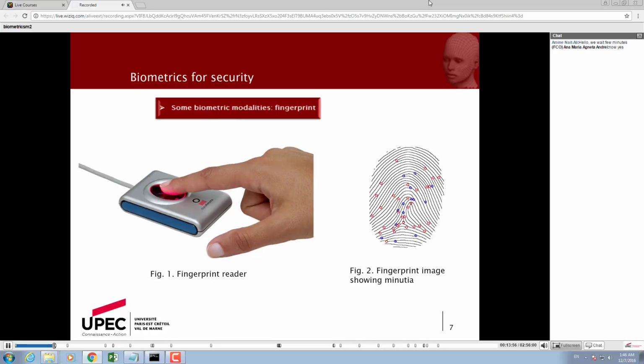So I will just explain to you. After this, you will find your document in your LMS, in your e-learning platform. I will upload it very soon, probably this week. So I explained to you what you will find in this document. Okay, so do you see this fingerprint?